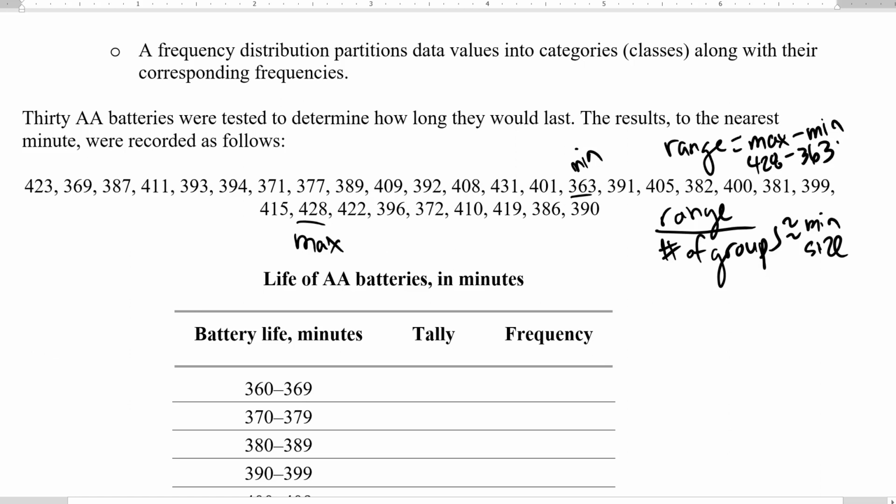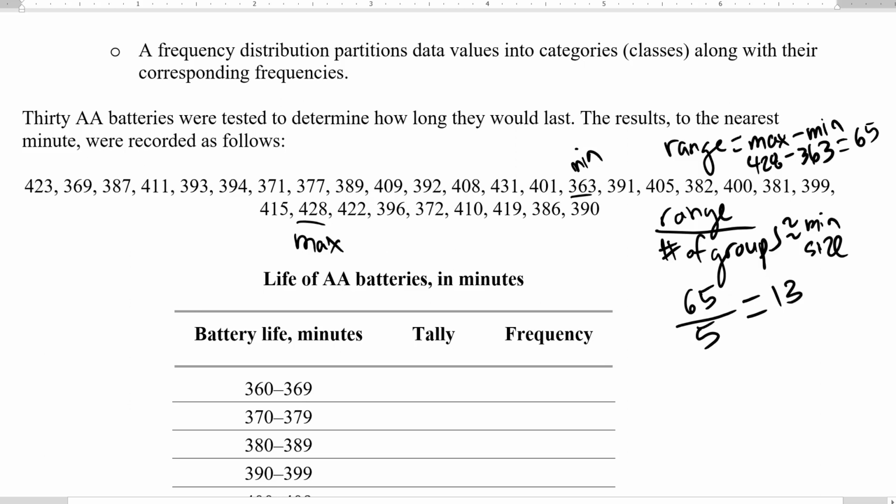What is that, 65? And we want there to be at least 5 groups. If we don't have at least 5 groups, we're not really spreading out the data. So if I take that range and divide it by 5, then if I have size 13, that would give me that exact number of groups.